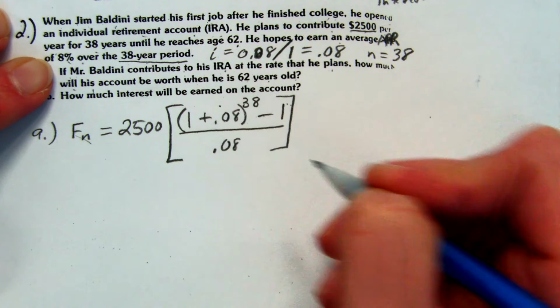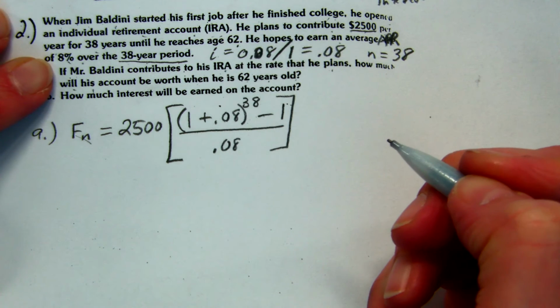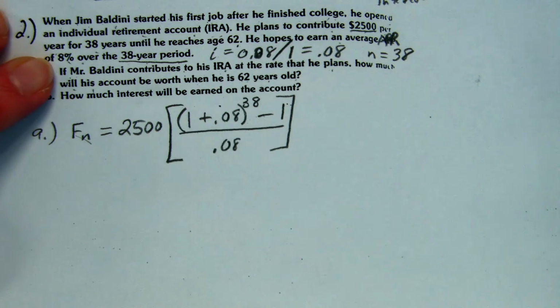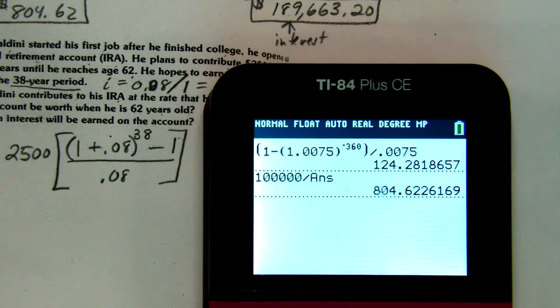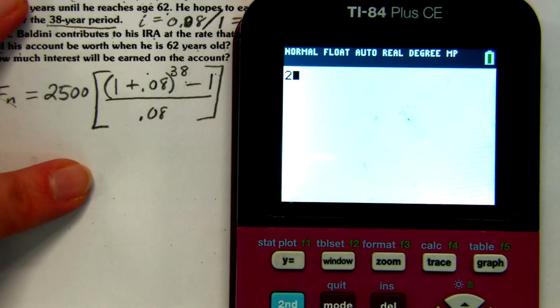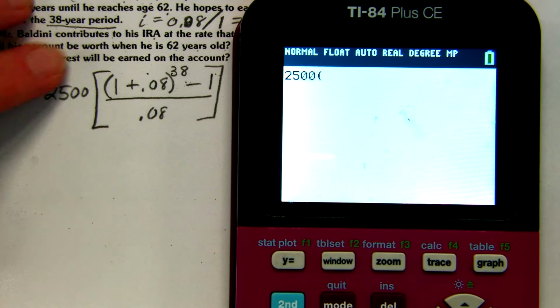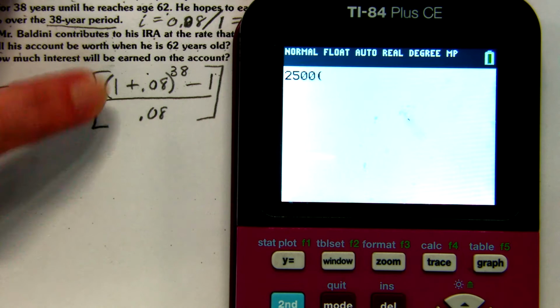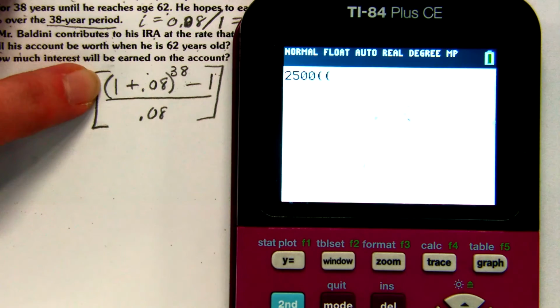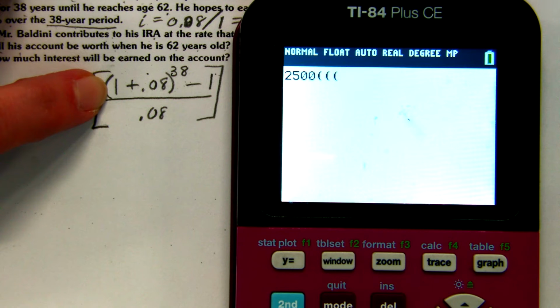So theoretically, if we were really good, we could type all of this into our calculators. So let's see how good we are. It's lots of parentheses. So you start with the 2,500, and then do a parentheses for the bracket, and then you have to do parentheses for the top of the fraction. And then you have to do the parentheses for the parentheses. 1 plus 0.08.